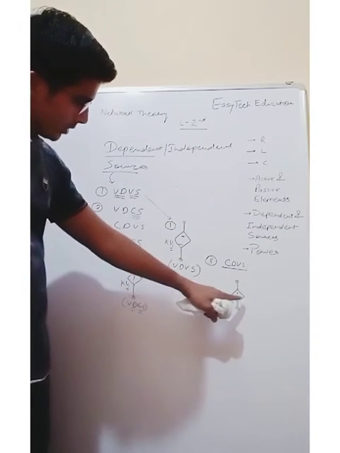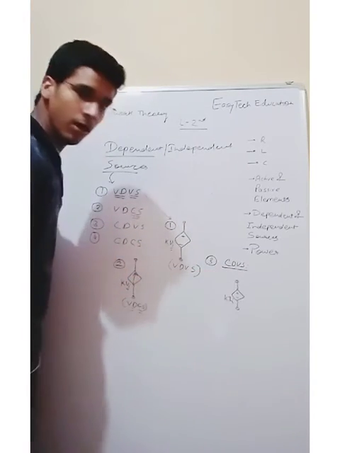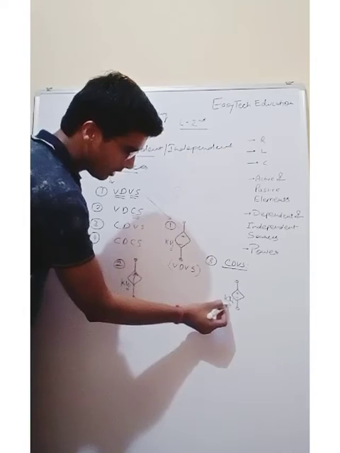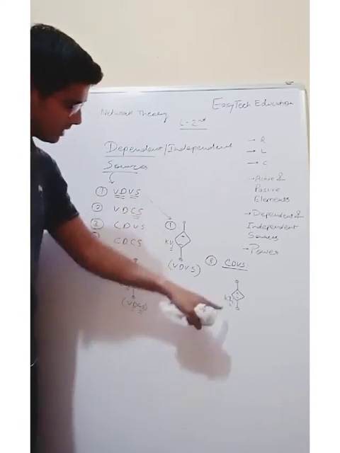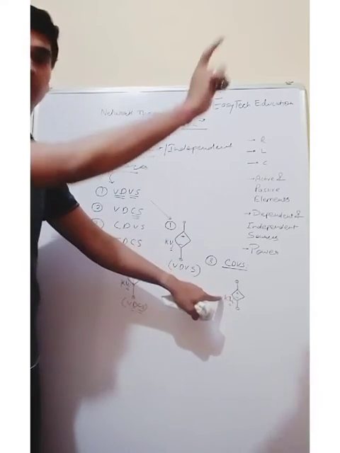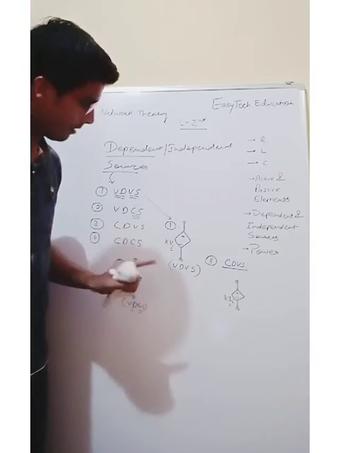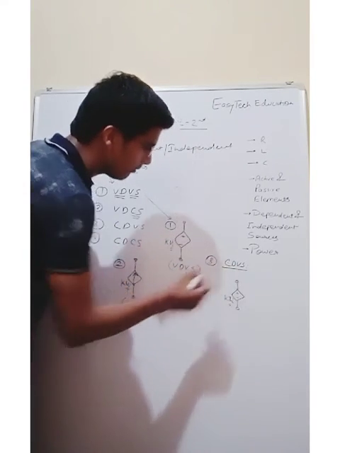Why? Because it shows plus minus, that means it's a voltage source. Now its value depends on current. What is this Ii actually? This is the current that may be present somewhere in the circuit, as shown in the question. So its value depends upon the current. That's why this is a current dependent voltage source.